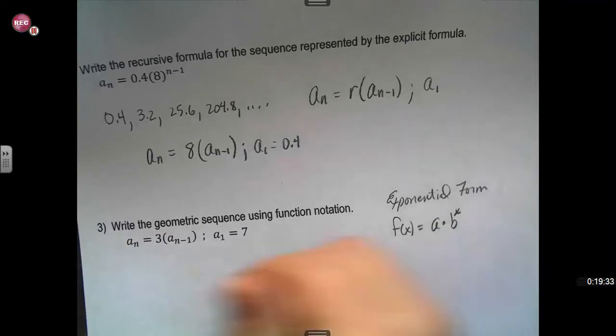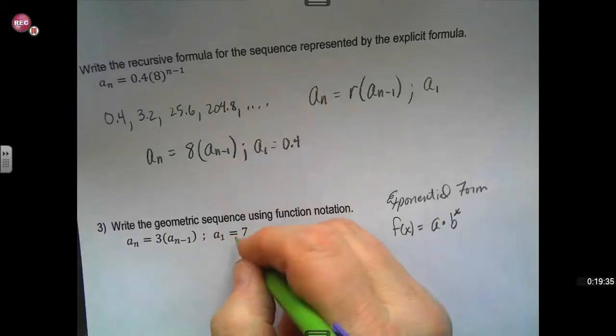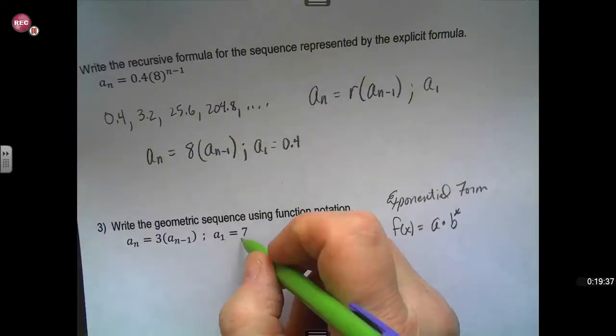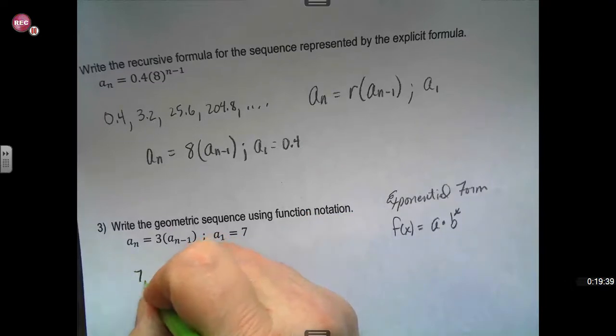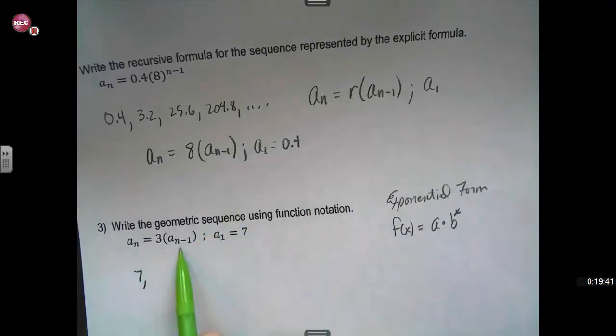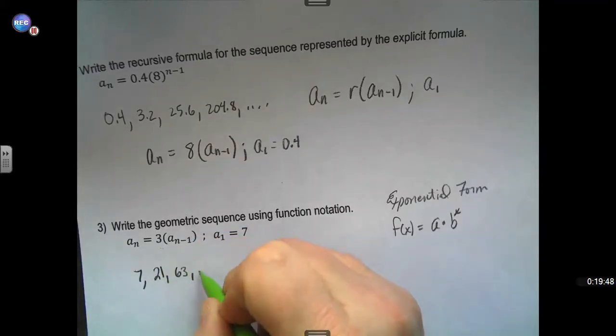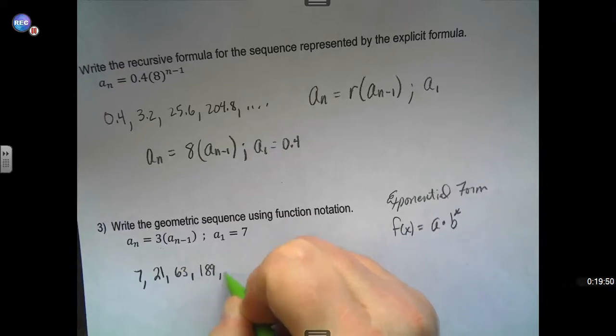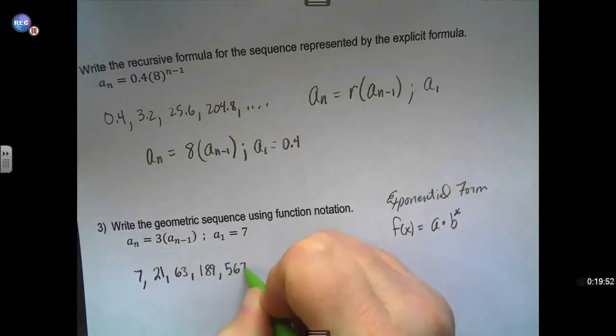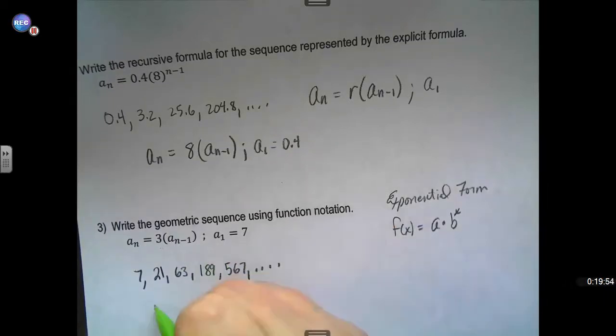If we generate this sequence, the first term is 7, and this is a recursive definition. It says take the previous term times 3. So the next term would be 21, 63, 189, 567, and so on. So the common ratio is 3.